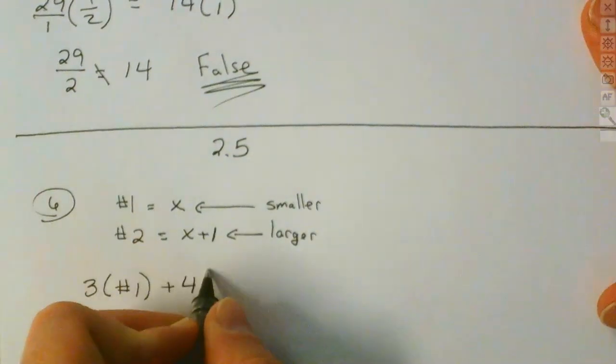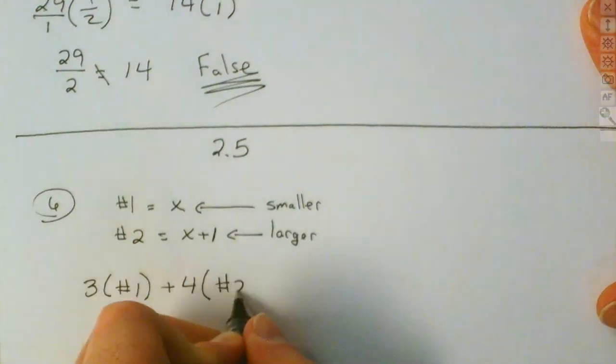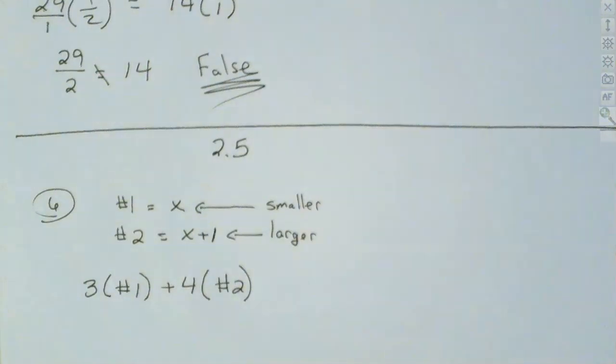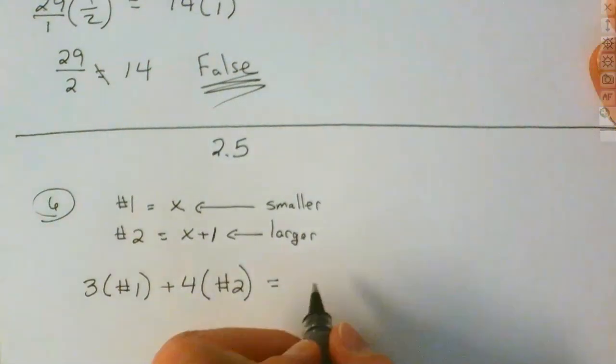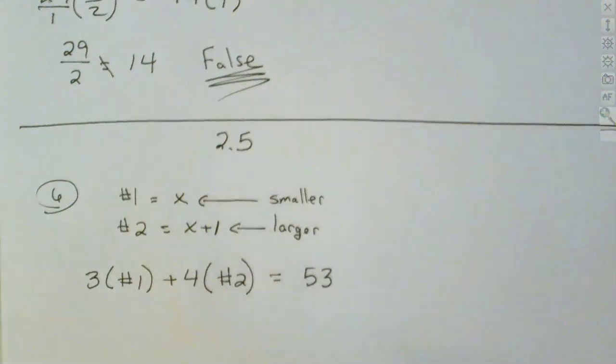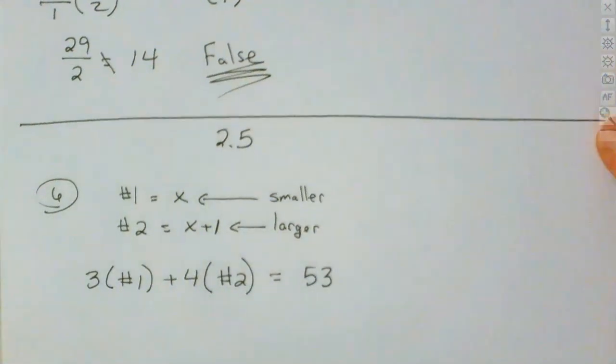So that's going to be plus 4 times the second number. The result is, okay, result means equals. And what does it equal? 53, isn't it? Yep, 53.